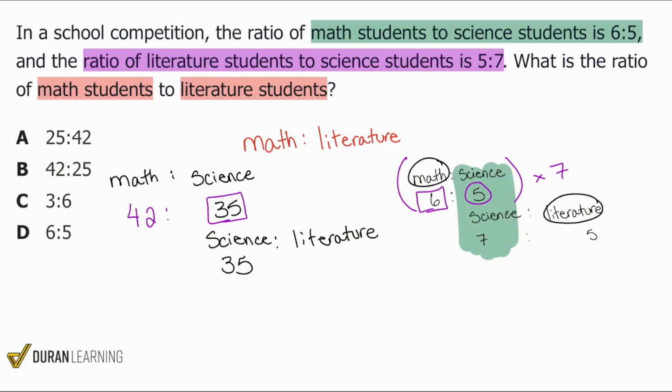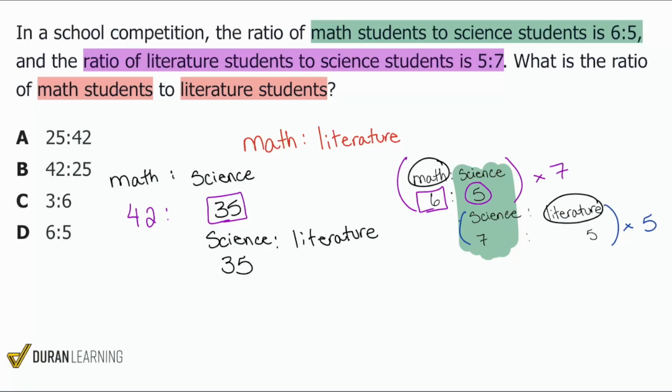Now notice what I just did, and I'm going to do the same thing down here. But listen to me, everybody. What do I do to 7 to get to 35? What do I multiply this 7 by to get to 35? Yeah, we multiply by 5. Let me go ahead and just wrap this up in parentheses, and I'm going to multiply these by 5.